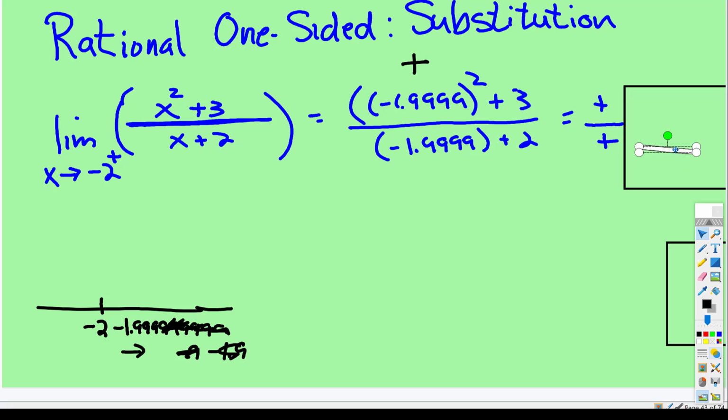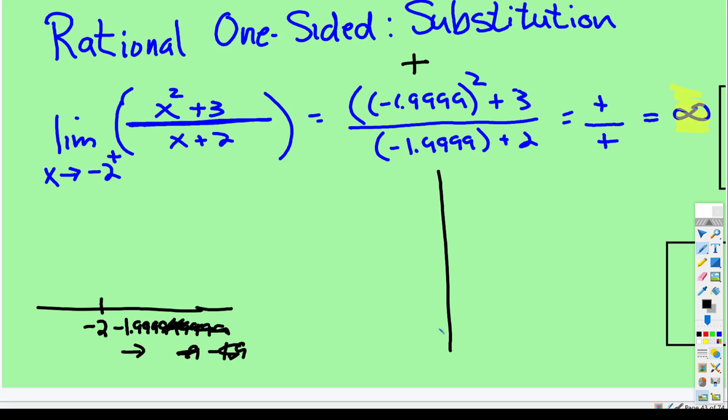And when we have these rational functions, and we're finding the one-sided limit, what we're looking for is what the end behavior is doing. So remember, if you've got a one-sided function, you might have an asymptote there.